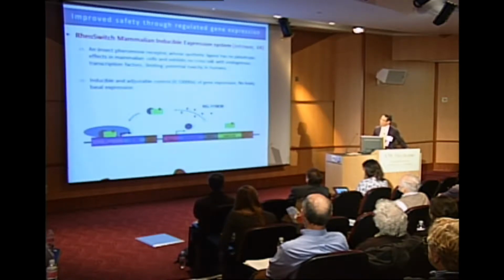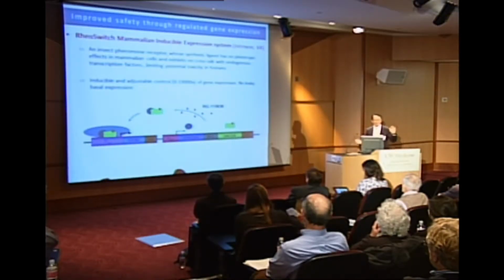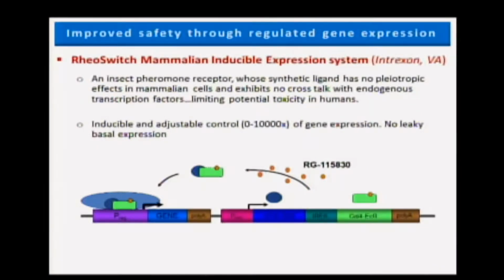To add a level of safety, we're moving forward with inducible systems, which means you can infect the cell with the virus, it'll just sit there, and the gene won't get turned on until we give that animal a certain drug, and then that inducible agent sifts into the gene, and once it binds, it turns on the gene. So you can theoretically inject the disc with the virus, and it incorporates, but nothing gets turned on.